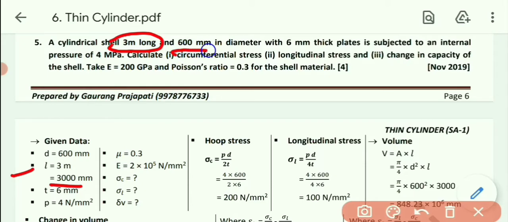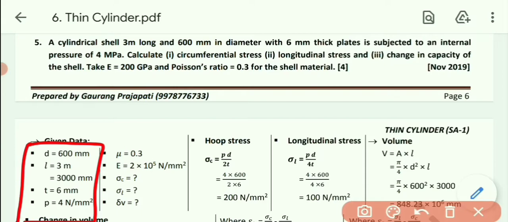Diameter is 600 mm. Thickness is 6 mm. Pressure is 4 MPa, that means 4 Newton per mm square. So these are the data.